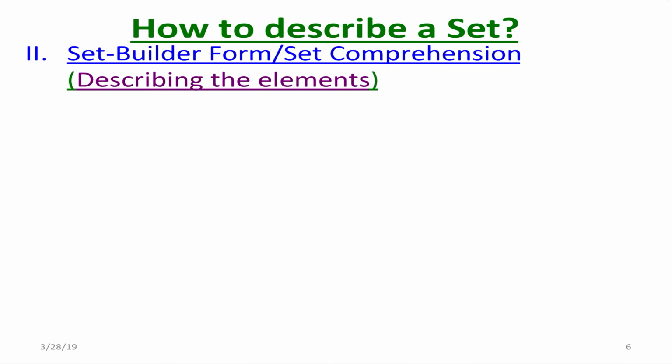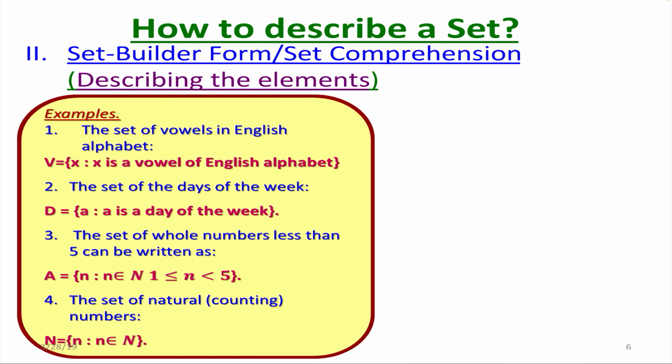Now, the second way to describe a set is set builder form or set comprehension, so describing the elements. The set of vowels in the English alphabet could also be described as V equals x such that x is a vowel of the English alphabet, just using words.